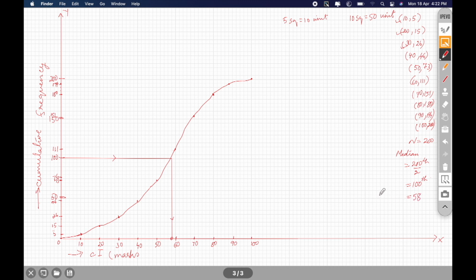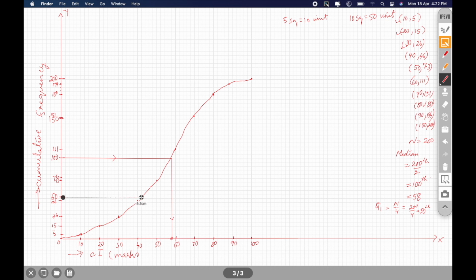Next, we have to find the lower quartile Q1, that is n by 4, means 200 by 4, that is the 50th observation. So again from the y-axis we have to find out where is 50, and it is here we can see.